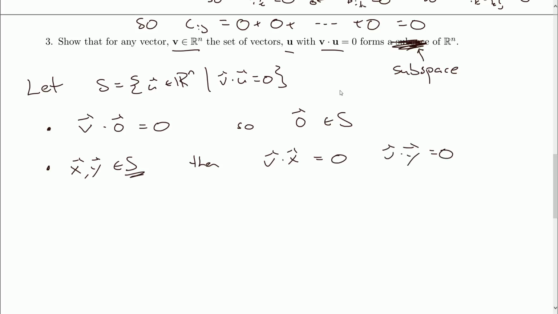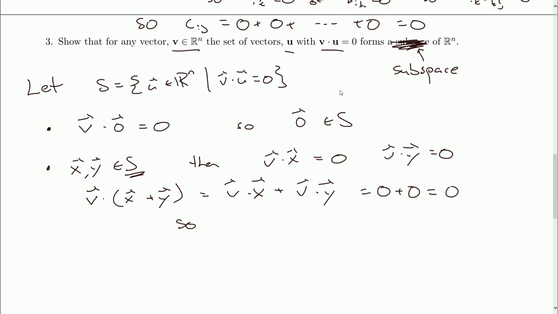Because they're in S, and by definition that's what it takes to be part of S. Now if I dot v with x plus y, well, we have to think way back to 1.2 when we covered that material, but you're allowed to distribute the dot product over a sum, and I know each of these is 0, so we get a sum of 0. So it turns out x plus y is also in S.